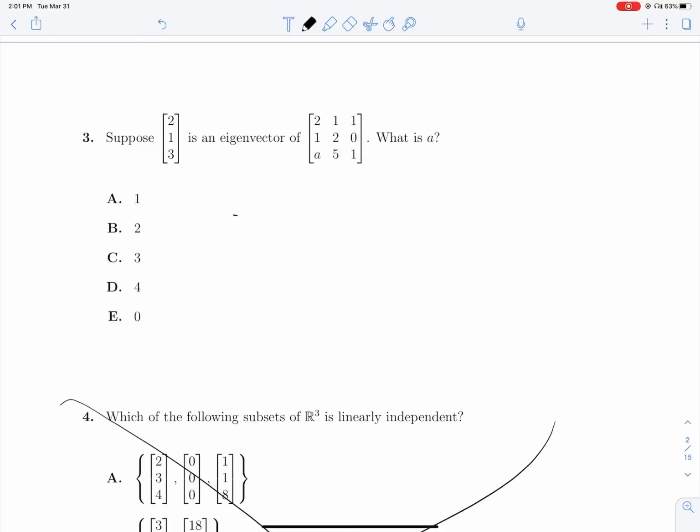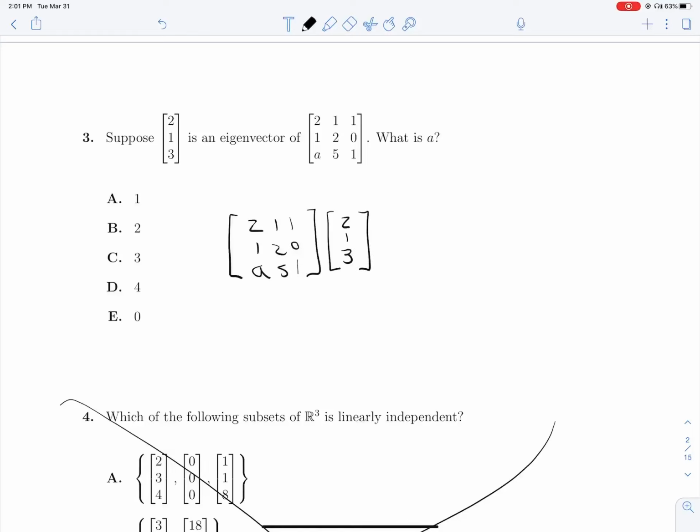what we can do instead is just say the matrix with rows (2, 1, 1), (1, 2, 0), (A, 5, 1), and plug in the vector (2, 1, 3).